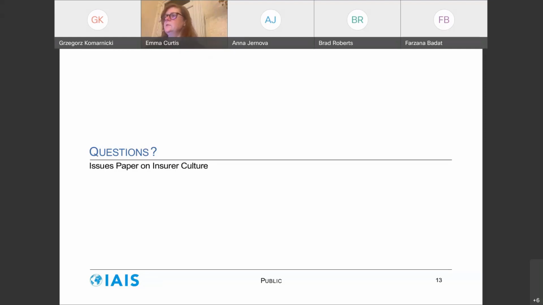As part of that work, we've started to do some scoping to understand what different supervisors are currently using to measure outcomes, which can be an indicia of culture, of a healthy culture or a problematic culture. So we are very interested in that work, and I think it does lead on quite naturally from this paper.